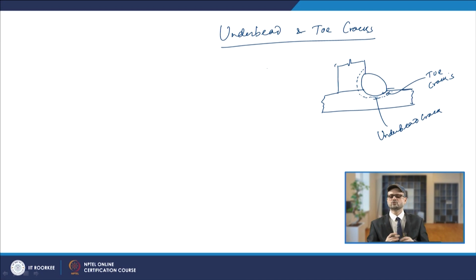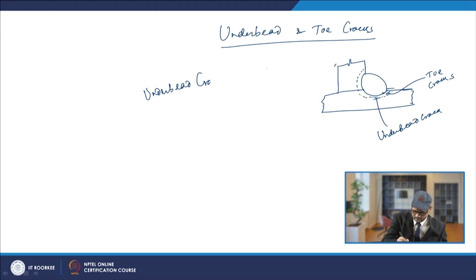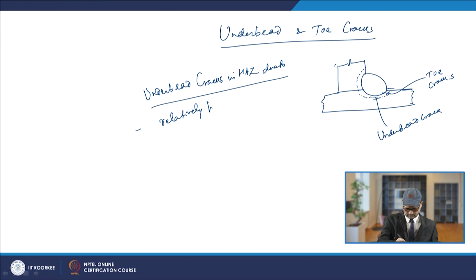So, if you talk about the reasons for the underbead cracks, the underbead cracks which are formed in the HAZ are due to the following factors. One is when you have relatively high carbon content or alloy content steel that is allowed to cool rapidly.